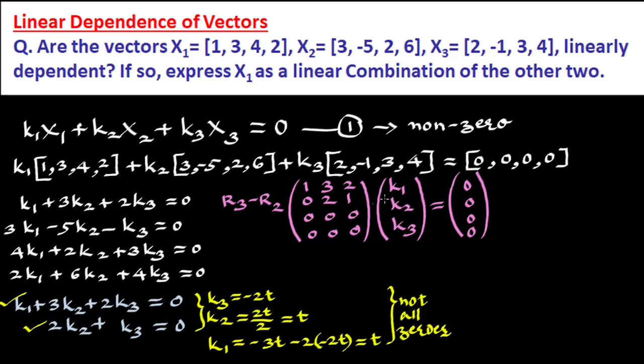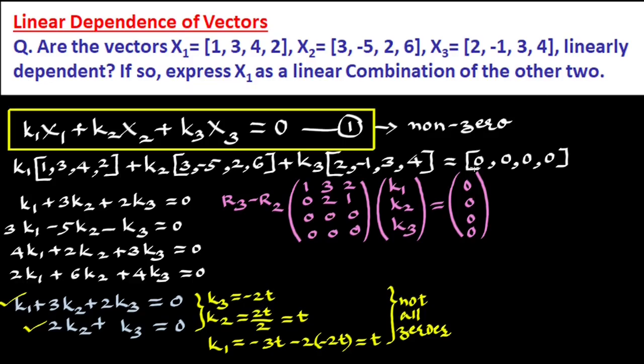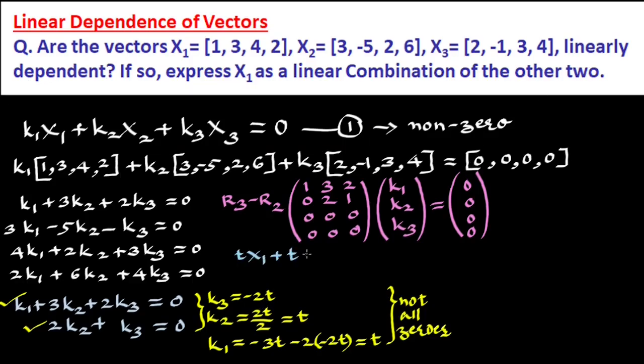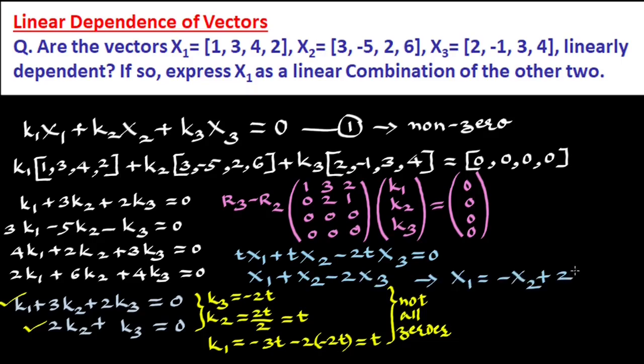Using these values in equation 1, we can write tx1 plus tx2 minus 2tx3 equals 0. That is x1 plus x2 minus 2x3 after dividing by t, which we can write as x1 equals minus x2 plus 2x3, which is x1 as a linear combination of x2 and x3.